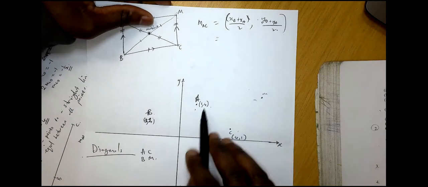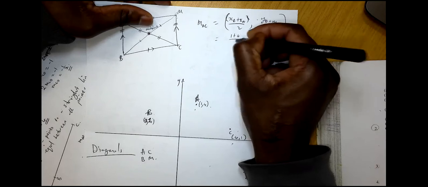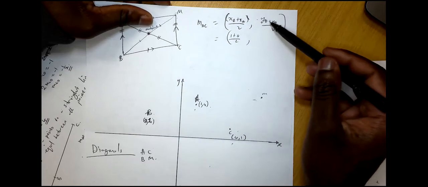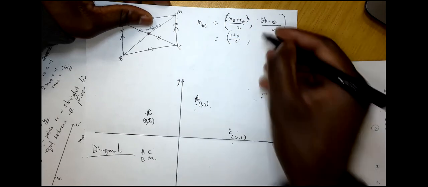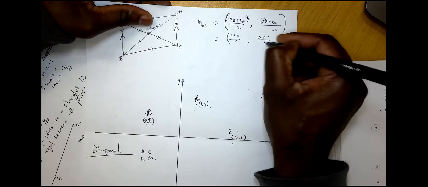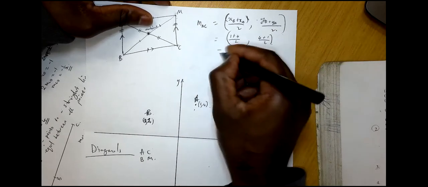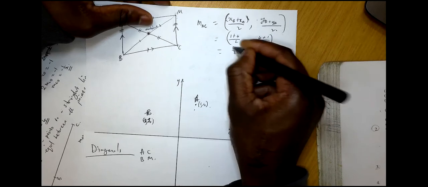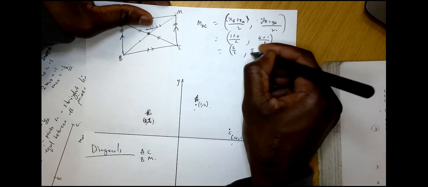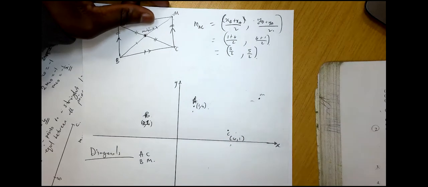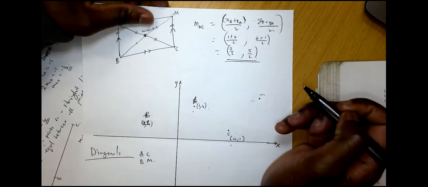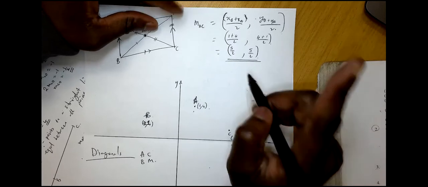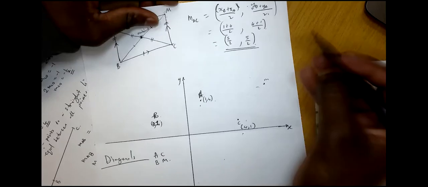In terms of x, we say 1 plus 4 over 2, then in terms of y, it's 4 plus 1 over 2. What do we get there? We get 5 over 2, and we also get 5 over 2. So we know this is a midpoint, and what do we know about a midpoint? We know that, all right, if we are going to say the gradient for MC, let's just squeeze here.